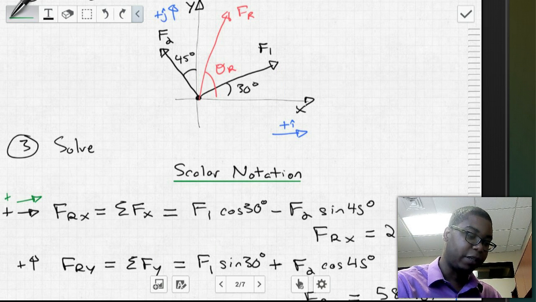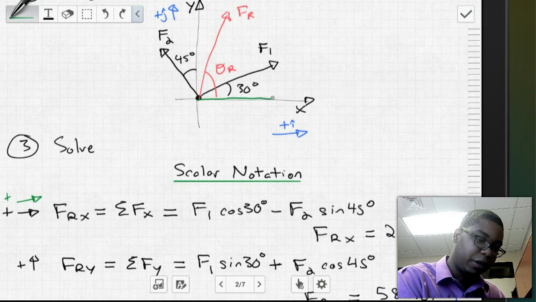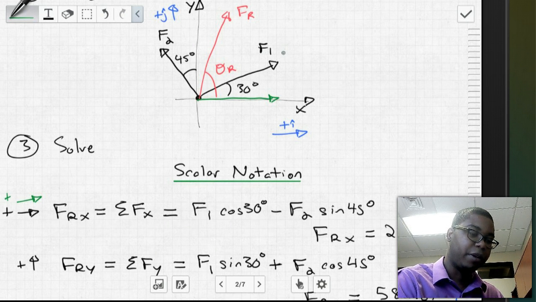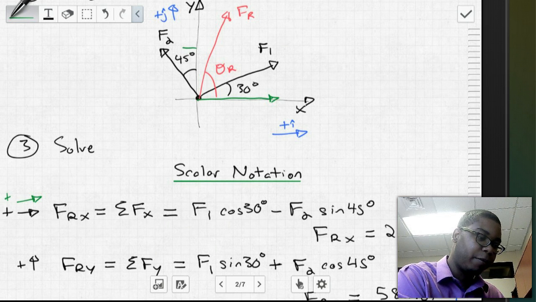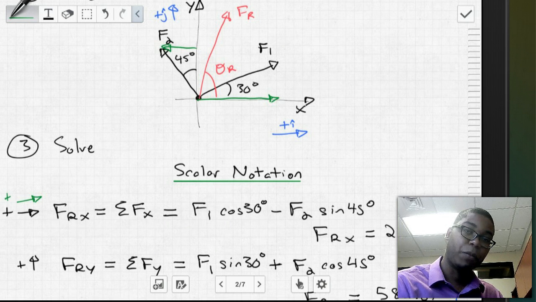If we look back at the sum of the forces in the x direction, for F1, it's clear based on the vector that the F1x component should be positive, and it's clear from the F2 vector that the F2x component should be negative. So for F1, we have a positive F1 cosine of 30 degrees, and for F2, we have a negative F2 sine of 45 degrees.